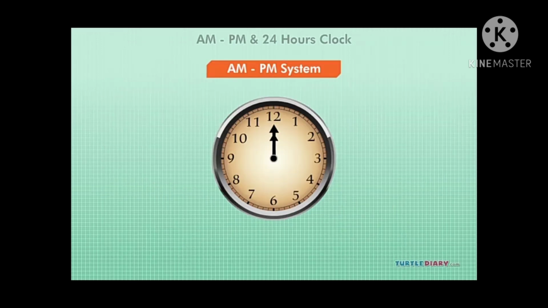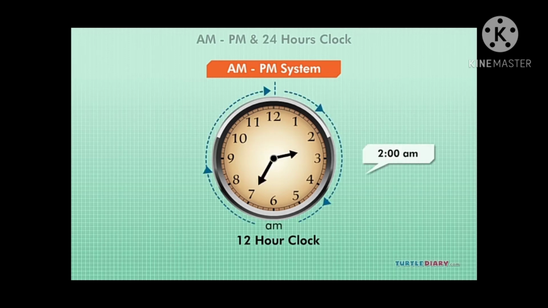In the AM-PM system of time, which is what most people use and what you are used to seeing, a 12-hour clock is used. That means that the morning goes up until 12 o'clock noon. It starts over again with 1 o'clock and goes through 12 o'clock midnight.